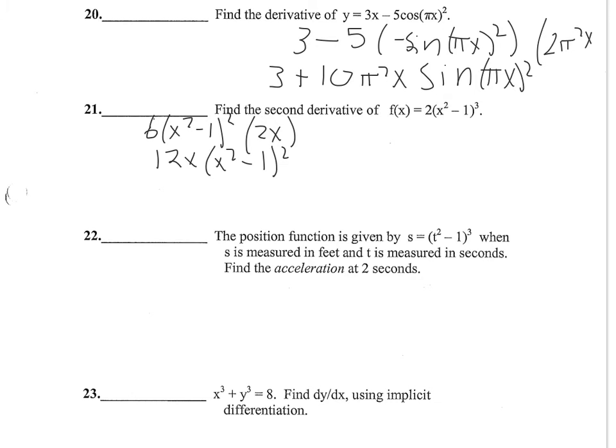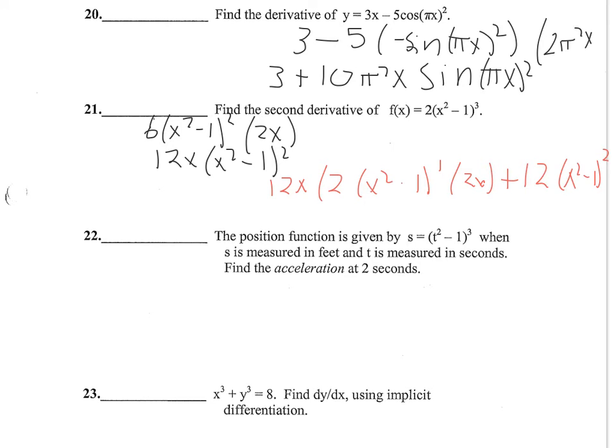The second derivative is a product rule: 12x, and then the derivative of this, which is 2 times (x squared minus 1) to the first times 2x, plus the derivative of 12x, which is 12, times (x squared minus 1) squared.